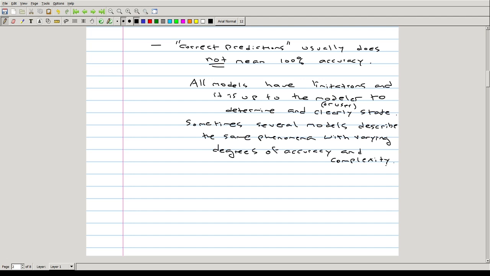And what I want to do is give you a very, very good example of this. Just one example, and this is the example of gravitation theory, the theory of gravity. There are two main theories of gravity.